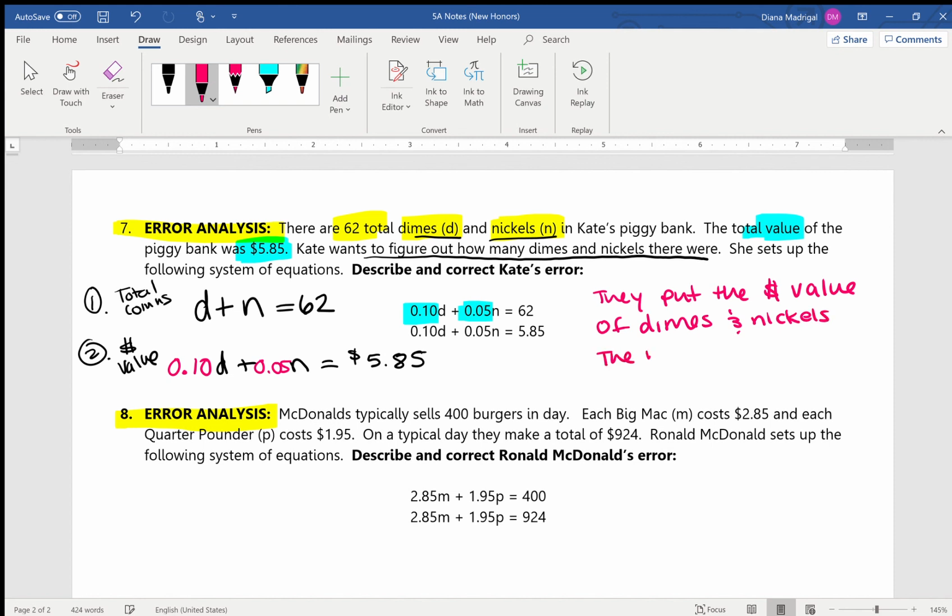The right answer is D plus N equals 62. And that's what I need to see. I need to see you writing what was the mistake here, and then giving me the right answer. Okay, so that's what I'm looking for. And again, you're doing number 8 on your own, and you're going to send me a picture.